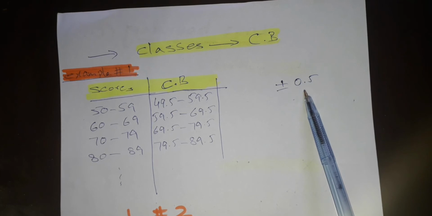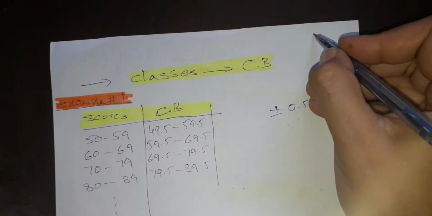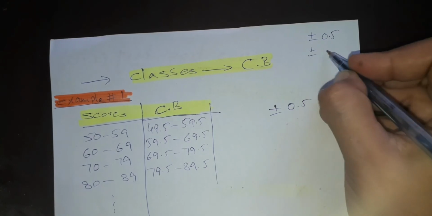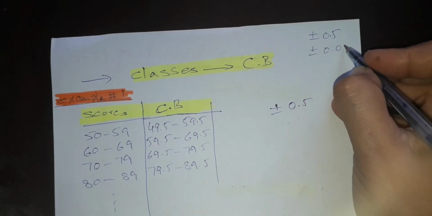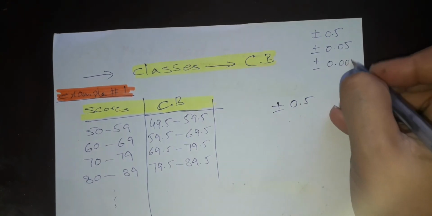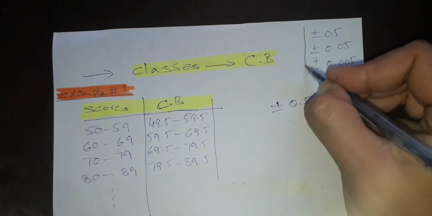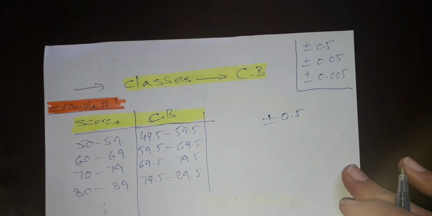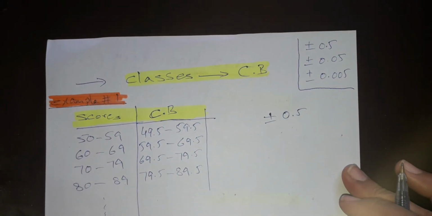Plus minus 0.5. It should be changed: plus minus 0.5, plus minus 0.05, plus minus 0.005. It can be any digit as the question requires.